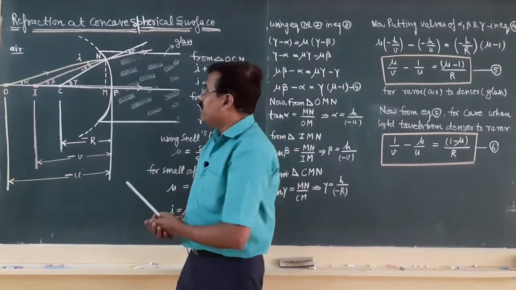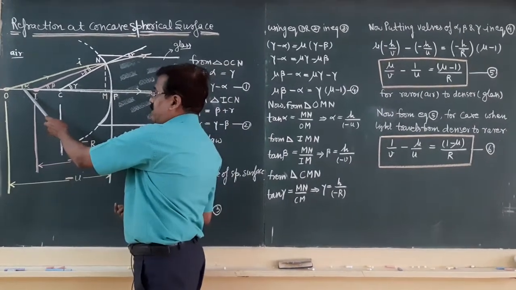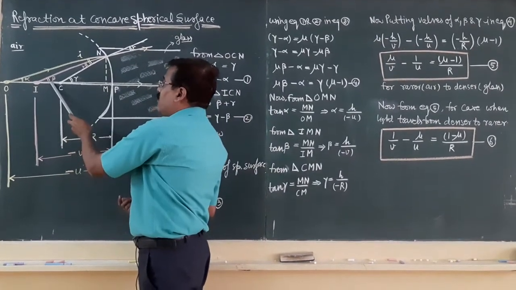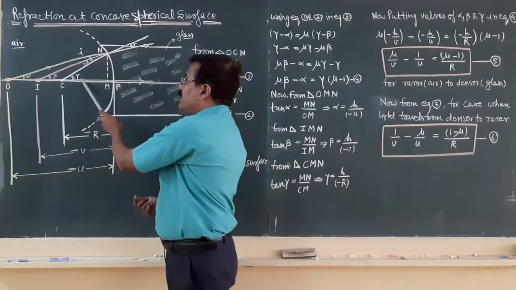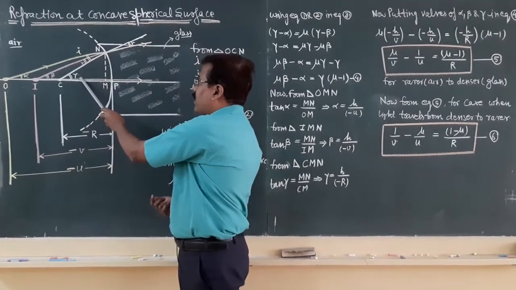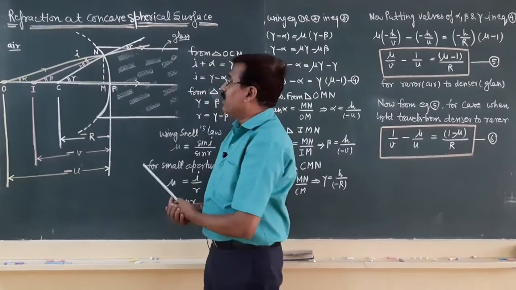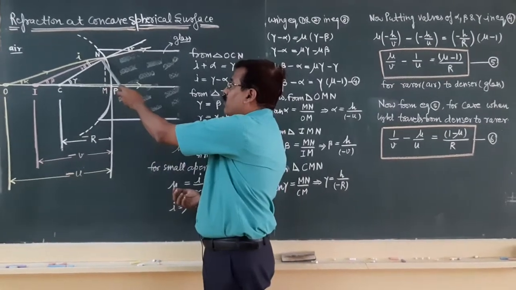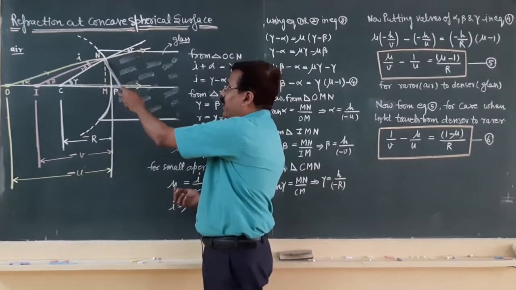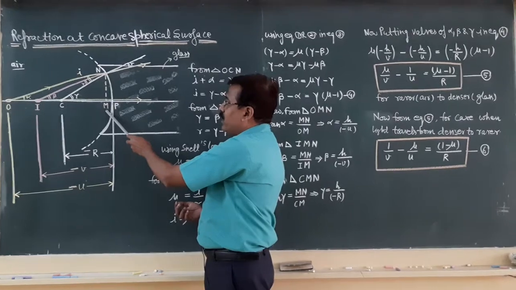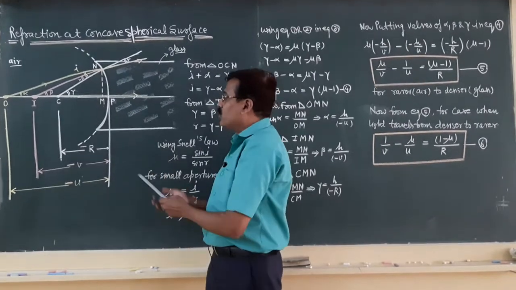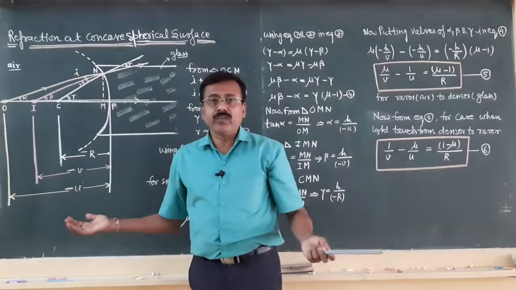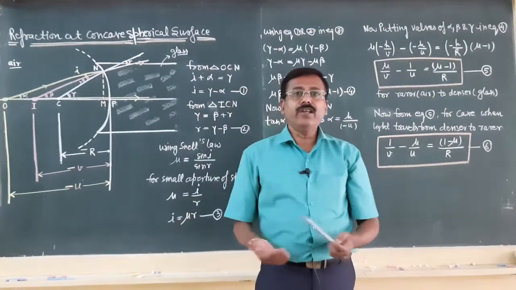Now, inclination of the object alpha, image beta, center of curvature gamma. And additional geometrical construction is you have to draw perpendicular from point N, let foot of perpendicular be M. So, we are going to derive the relation between u, v, r and mu.